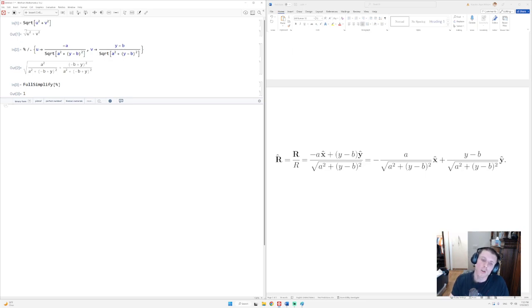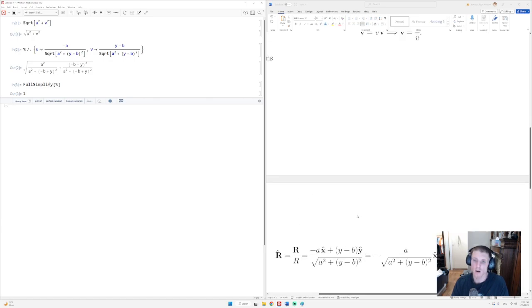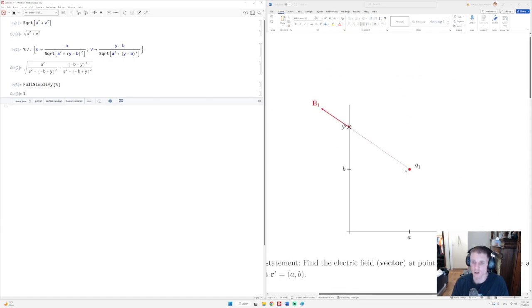You don't have to do it this way. You could always do it in terms of cosine and sine, and that is perfectly equivalent. But to do it that way, you would have to figure out the angle made by the right triangle with the base that passes through B and Q1.